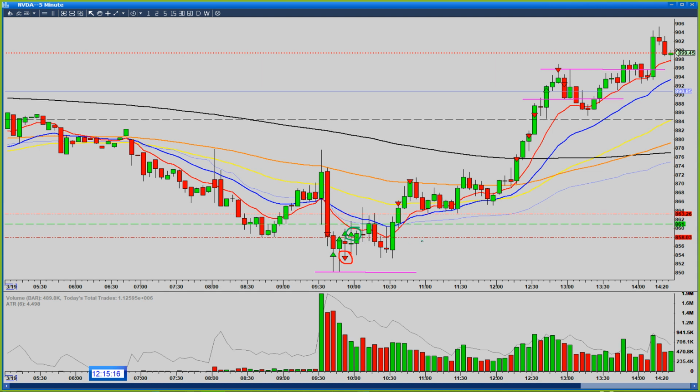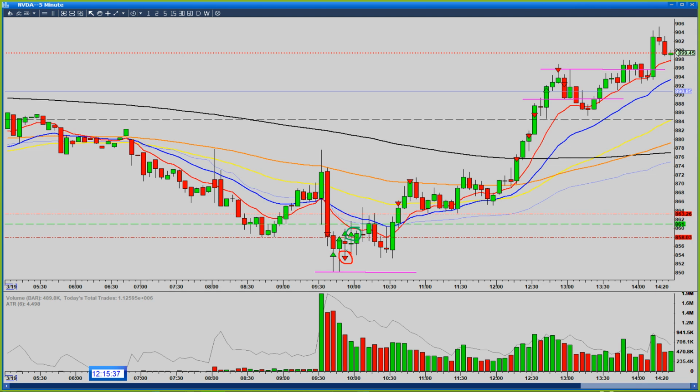So, why didn't I take it off? Because evidently we bought into all of this resistance. But why didn't I take it off? Look at what these candlesticks were telling me.